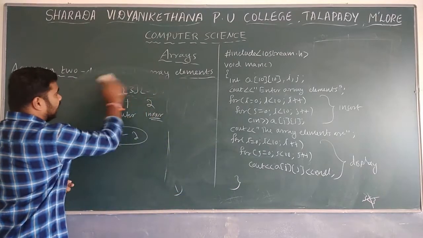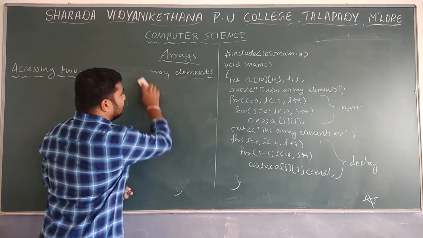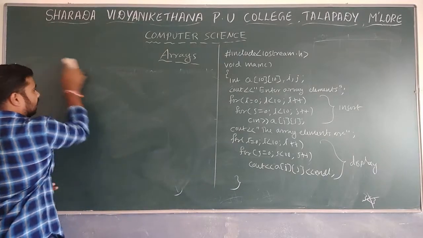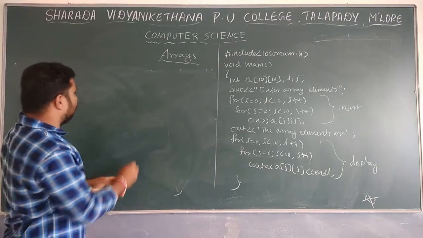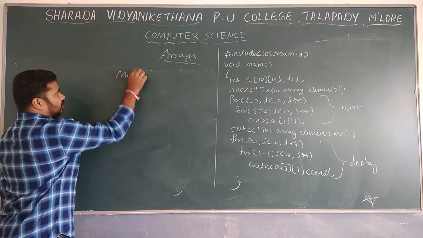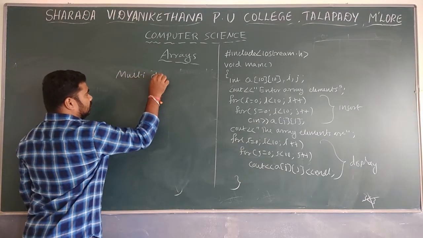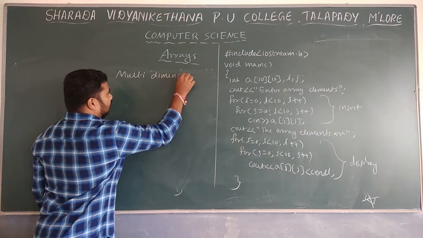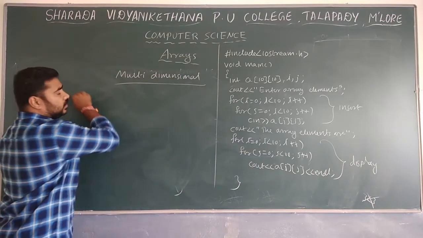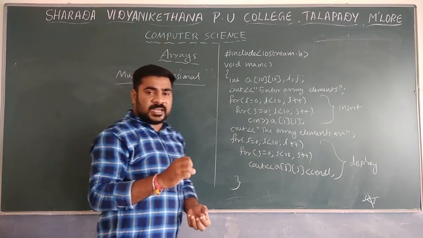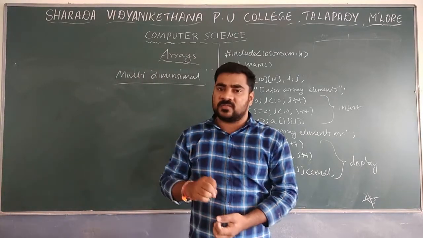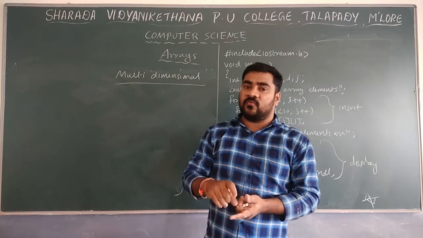That is multi-dimensional arrays. So what are multi-dimensional arrays? If you take arrays, mainly three types are possible. One is the one-dimensional array, having only one subscript.